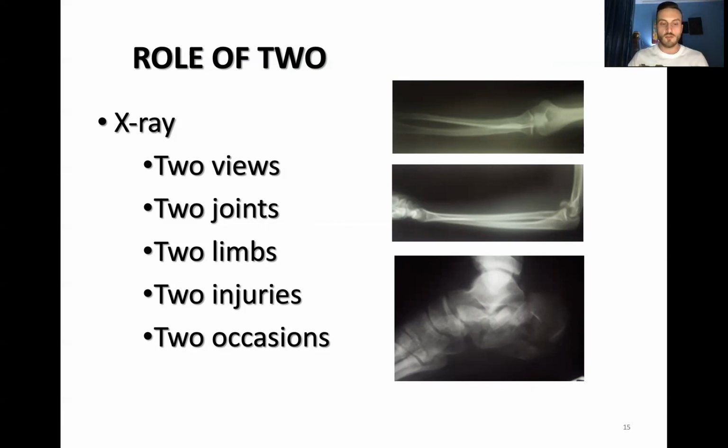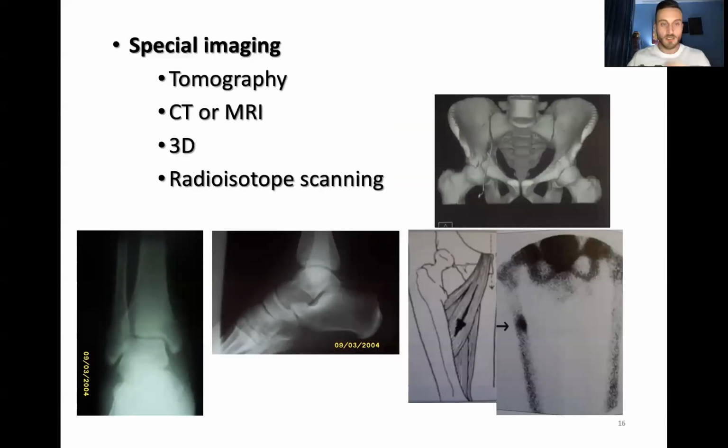Two occasions: pre and post reduction and for follow-up. As we mentioned, with a scaphoid fracture, sometimes after injury you cannot really see it, so you have to redo the X-ray after 2 weeks, when you will see signs of healing. We have some special imaging like CT scan, MRI, radioisotope scans, and so on. These are further investigations, depending on the orthopedic surgeon.